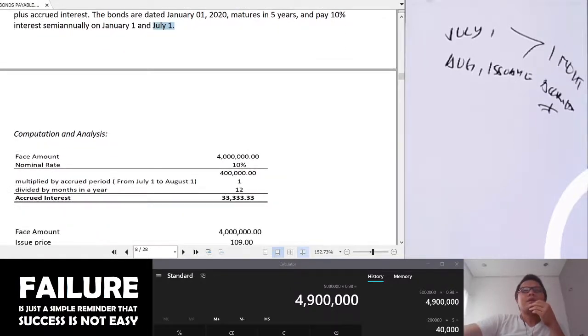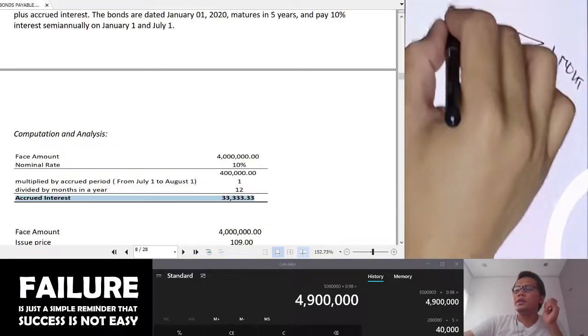So, face amount multiplied by the nominal rate multiplied by the accrued period, which is 1 month lang divided by 12. So, our accrued interest basically is 33,333.